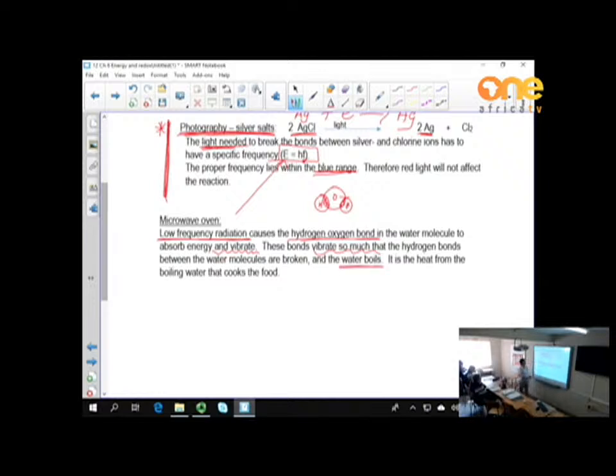Oh no, this is the hydrogen bond. I'm on the chemical. It causes the hydrogen-oxygen bond in the water molecule. That bond begins to become excited, and it affects, if I have one water molecule and another water molecule there, the hydrogen bonds. The hydrogen bonds and the hydrogen-oxygen bond are two different things. The hydrogen-oxygen bond is within the molecule. That starts vibrating.